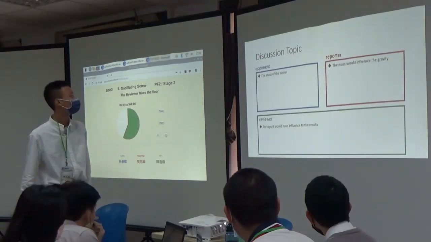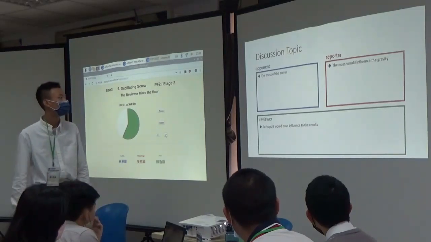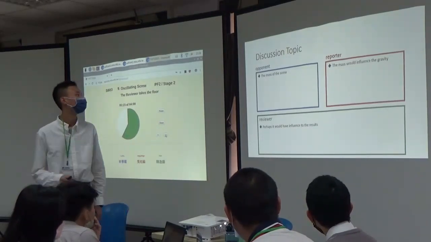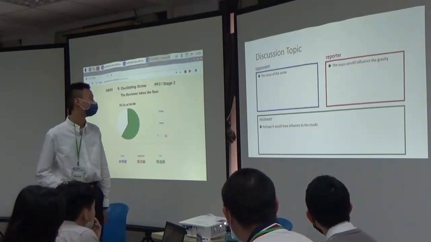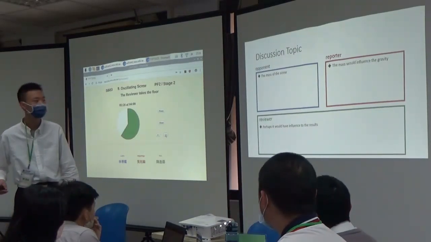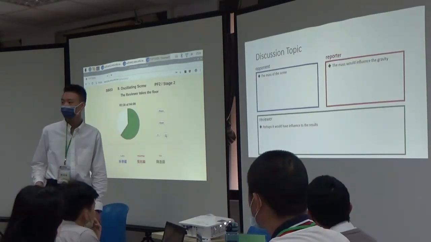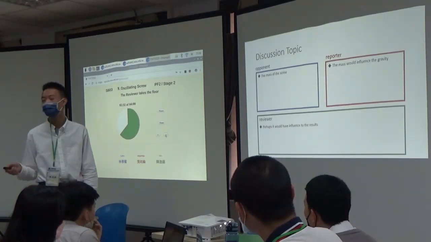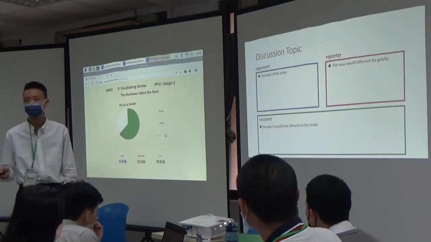And they also talked about the mass of the screw. The reporter replied that the mass would influence the gravity. And I think they should show some more data to see if the gravity has other influence on the experiment.